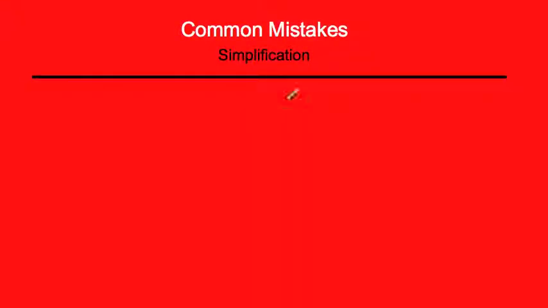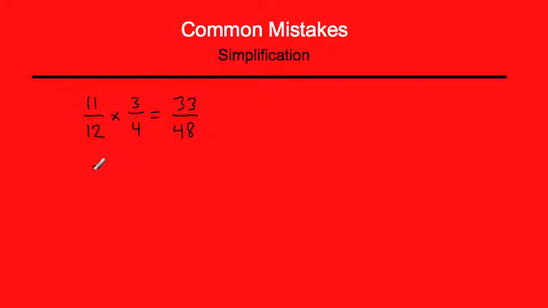Common mistakes. Simplification becomes weird sometimes. So it's 11/12, and you're going to multiply that by 3/4, and you say 11 times 3, that equals 33, and that equals 48, and you're like, oh, that's in its simplest form. But it isn't, right?